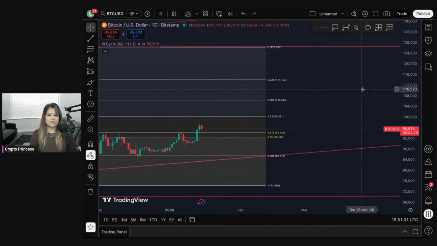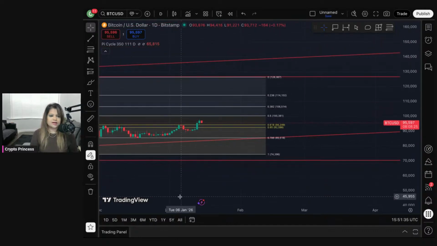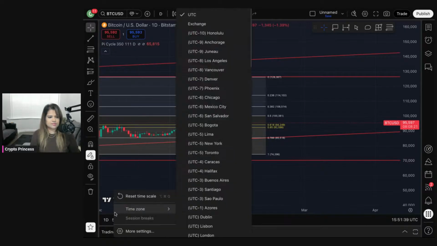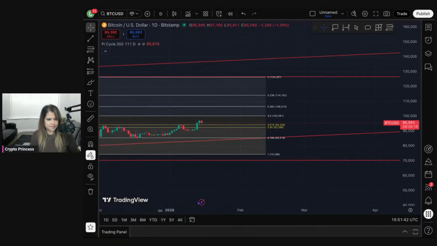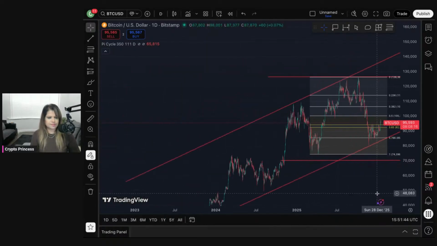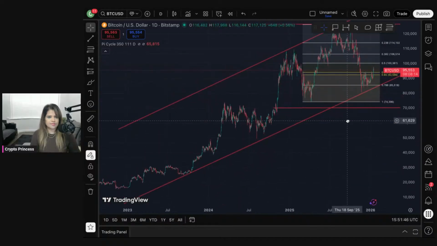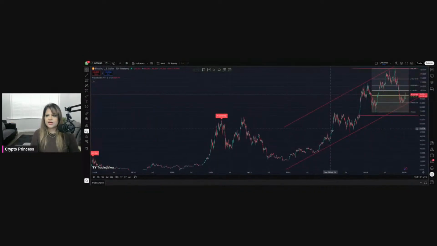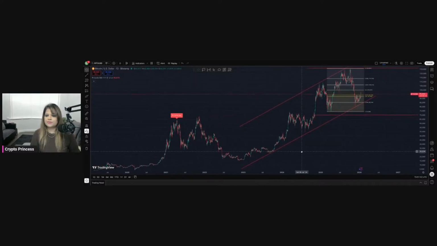If we zoom out when it comes to the price action, we can see that we've been in this upward trend in this channel since round about October 2023.